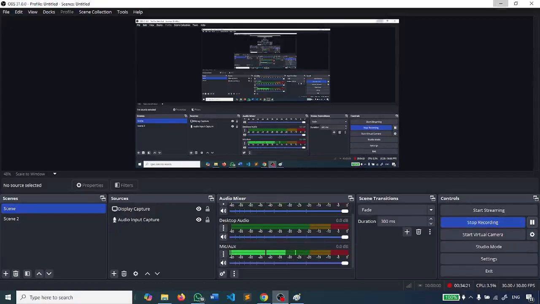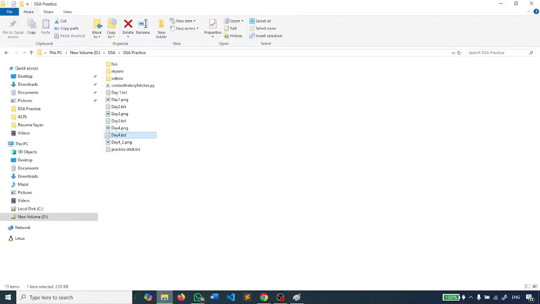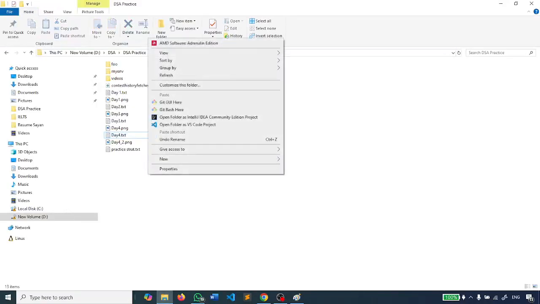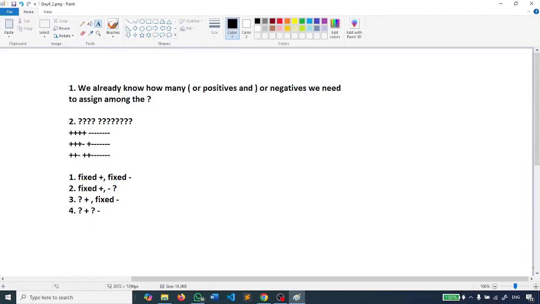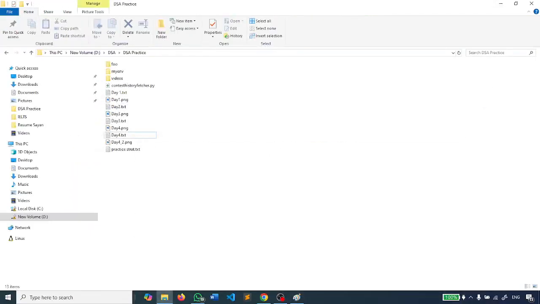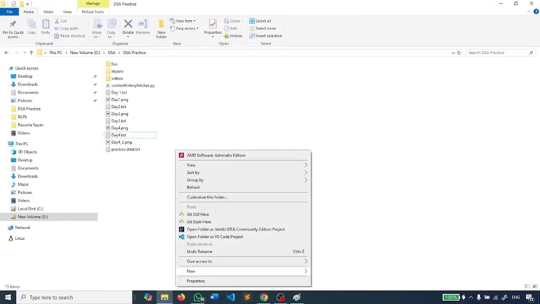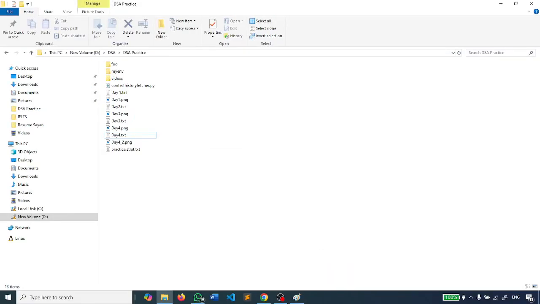Okay, so I'll make another text file, and I think I'm kind of convinced that this will probably work. Underscore 2.txt.